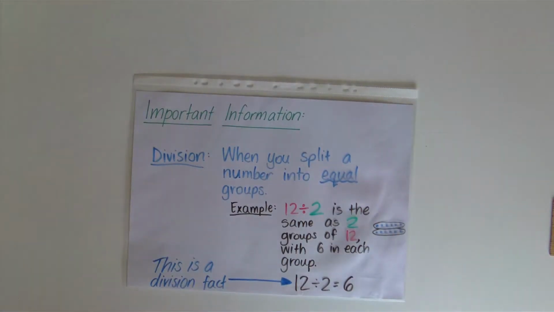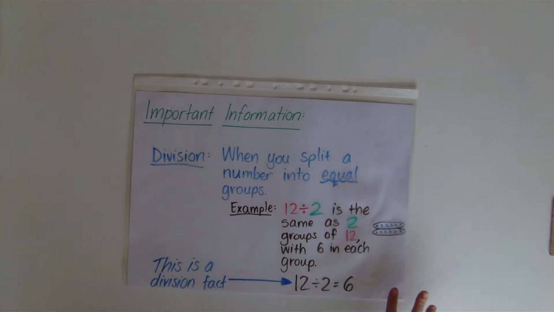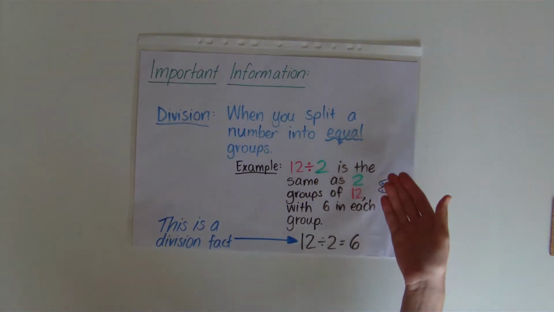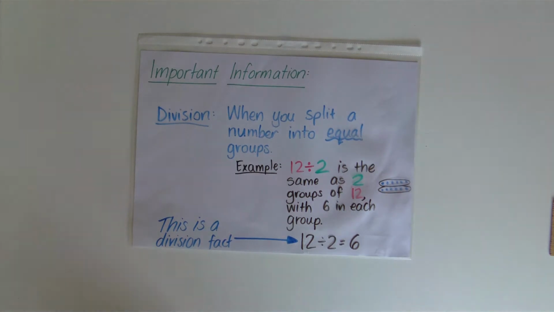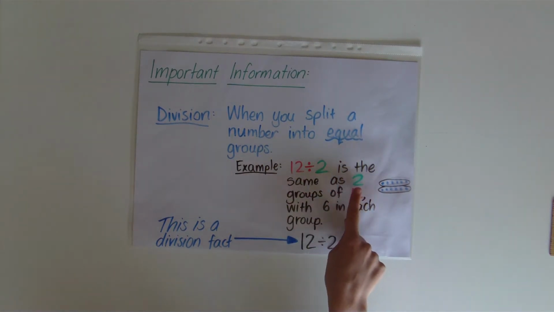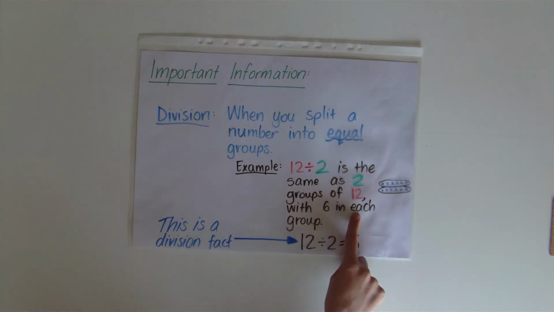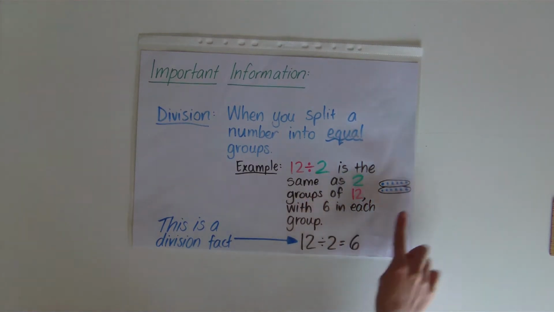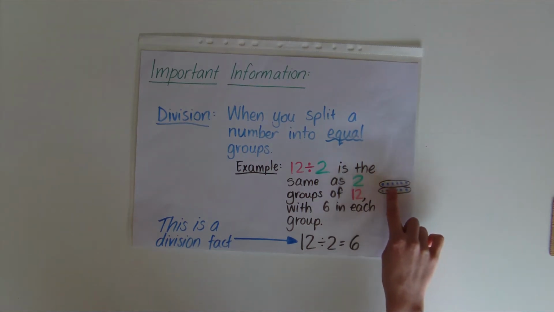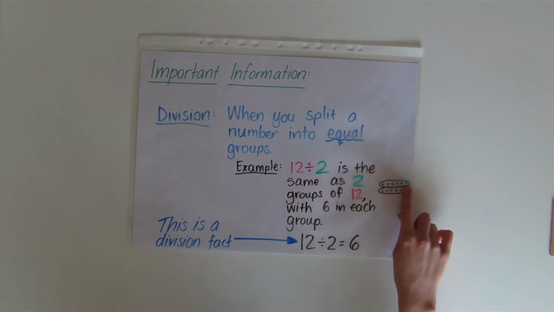Let's start off with some important information. Just remembering that division is when you split a number into equal groups. For example, 12 divided by 2 is the same as 2 groups of 12 with 6 in each group. And I have a little drawing here to show that, where you've got 1, 2, 3, 4, 5, 6, 1, 2, 3, 4, 5, 6, 7, 8, 9, 10, 11, 12.